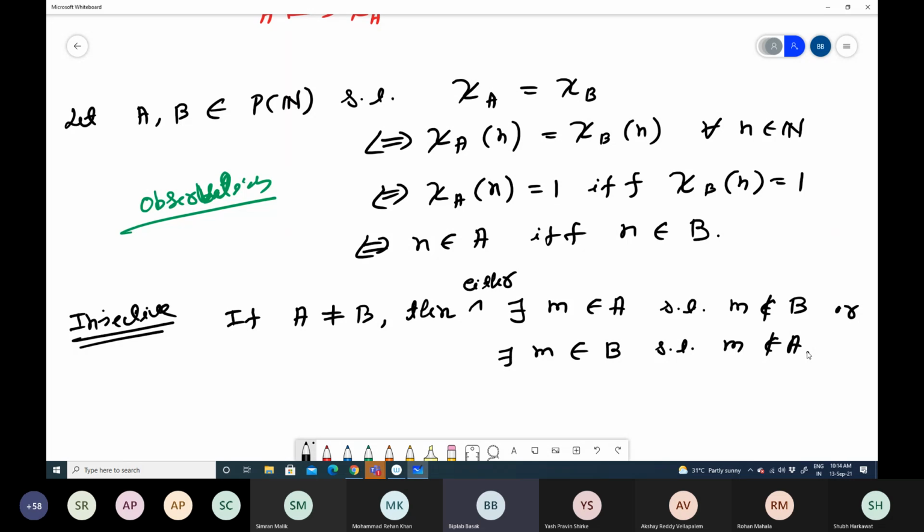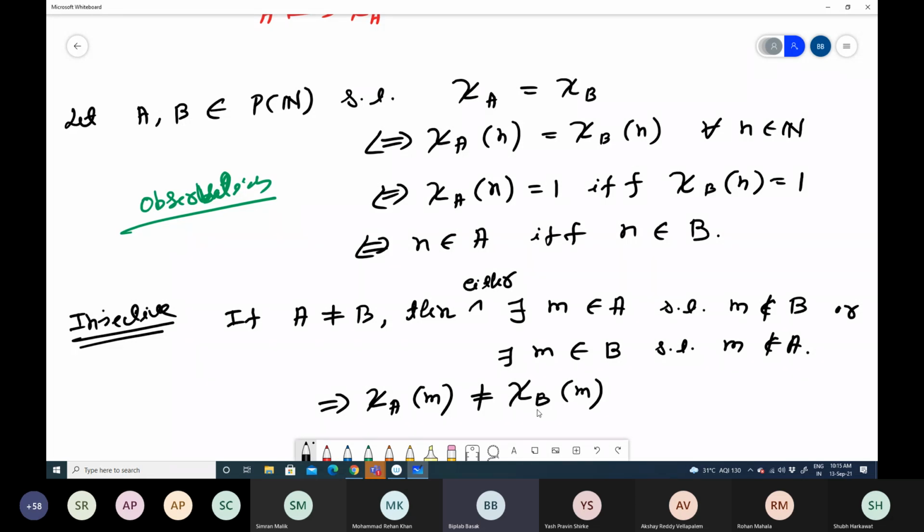So in either case we have chi_A(m) not equal to chi_B(m). Because in the first case, chi_A will be 1 and chi_B will be 0, and in the second case, chi_B will be 1 and chi_A will be 0. So they are not equal.